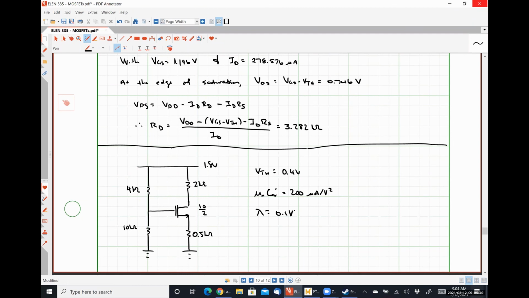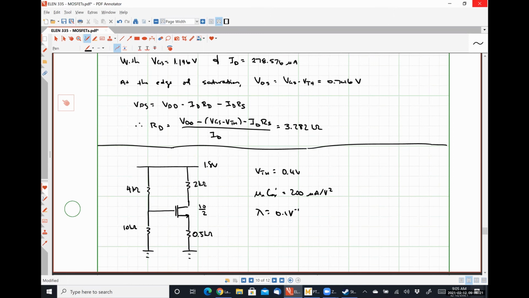And I'm going to specify a value of lambda here, meaning we cannot ignore channel length modulation. The reason I'm taking channel length modulation into effect is because we have a drain resistance that is significantly under the threshold of what would cause this to be at the edge of saturation, meaning I would assume it's now fairly deep into the saturation region.